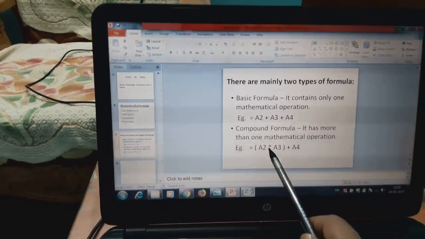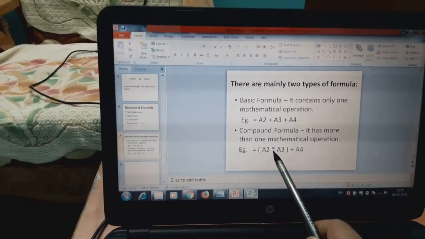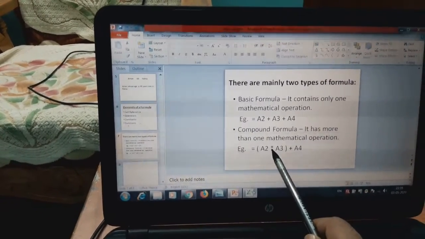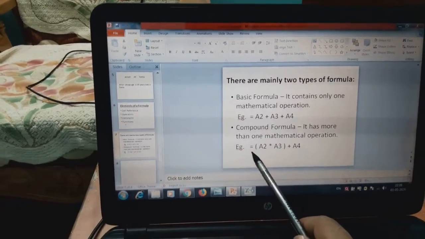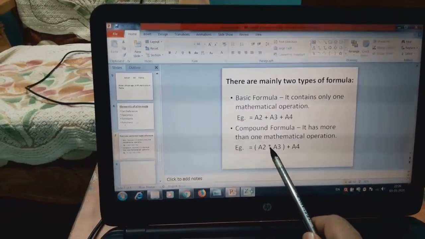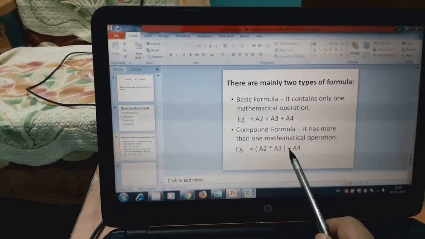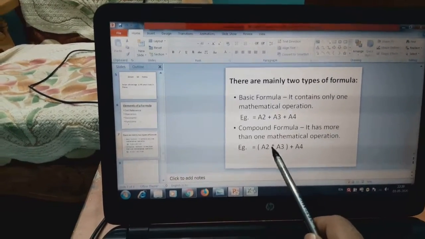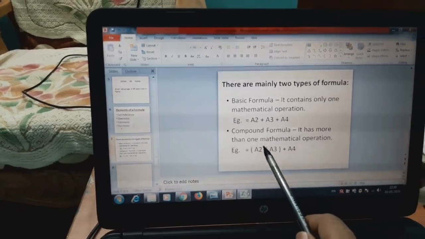This star sign is known as multiplication sign in MS Excel. Okay, so in computer we represent the multiplication sign by this star. So this is the first operator and plus sign here is the second operator. So there are two operators in the formula bar in the compound formula.